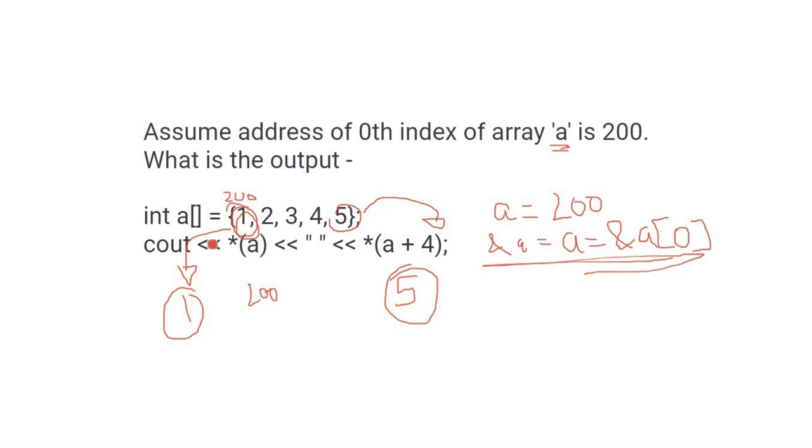So on doing star a, we get the first element as the output, and on doing a plus 4, we get the element at the 4th index of the array. Alright, moving on.